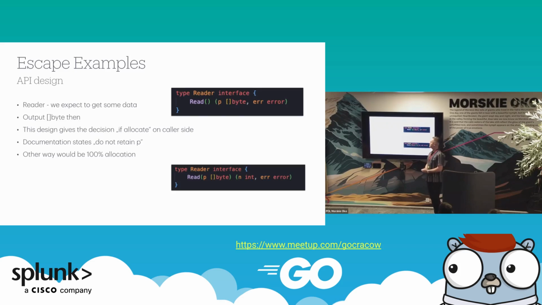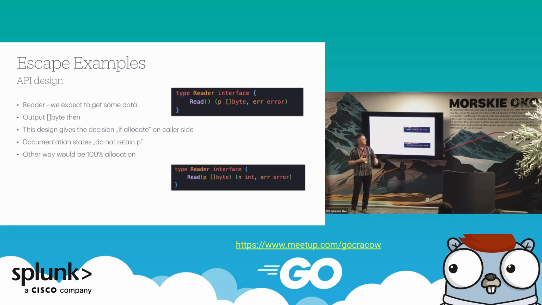I have another example. This is about API design. And the example is about the Reader interface. If I was designing Reader, I'd probably understand that we want to read something, we want to output some string or slice of bytes, but I would initially think that it would maybe be better to implement it that way.